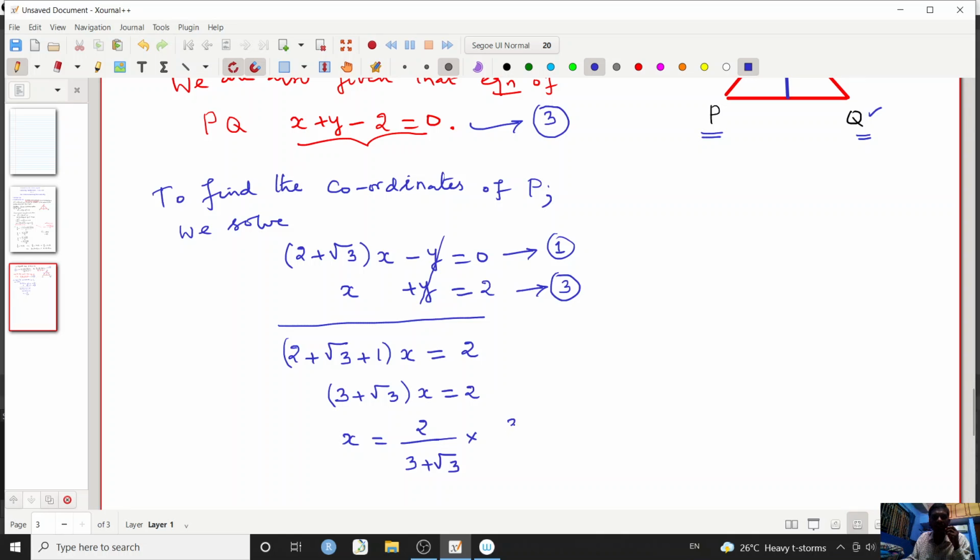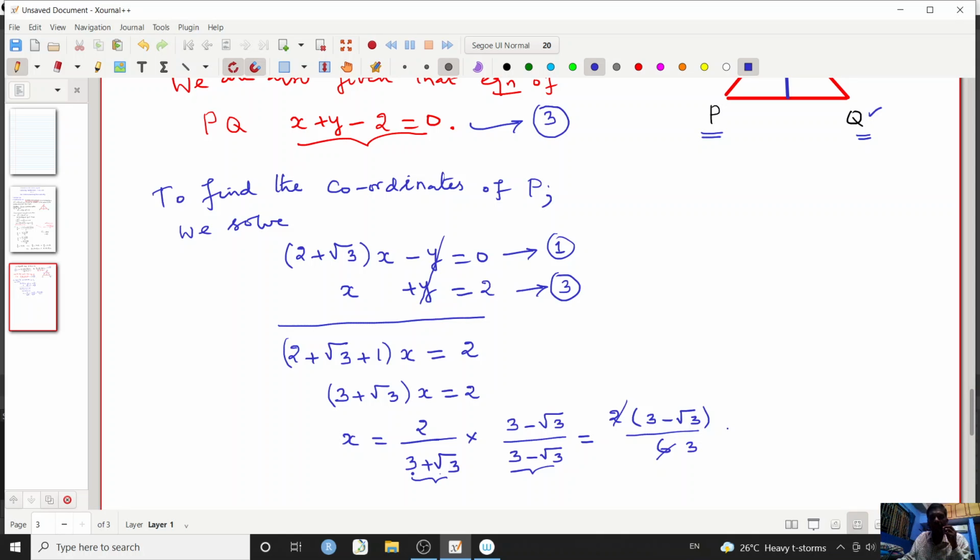Let us rationalize the denominator by multiplying and dividing by 3 minus root 3. This is of the form (a + b)(a - b), so a squared minus b squared, which gives 9 minus 3, so 6 in the denominator. The numerator is 2 times (3 - root 3), and 2 and 6 may be cancelled out.